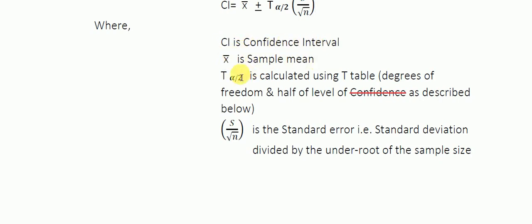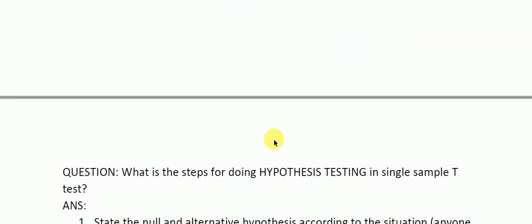X bar is the sample mean, T alpha by 2 is calculated as I've already shown, and S over under root n is the standard error, and S is the standard deviation of the sample, not the population but of the sample, and under root n is the square root of the sample size, because n is the sample size. Okay, so what's next?